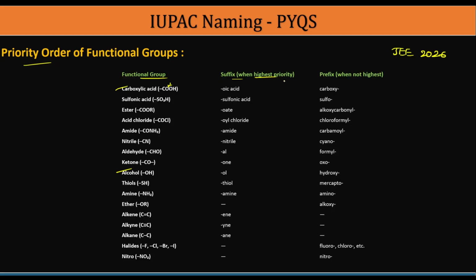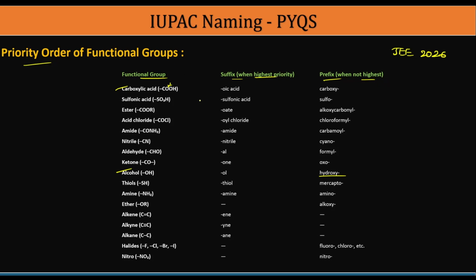If it is the highest priority, we add a suffix. And alcohol here acts like a substituent, so we use hydroxy. You need to know once how to write the name with a suffix and with a prefix. We use a prefix when it is not the highest priority.